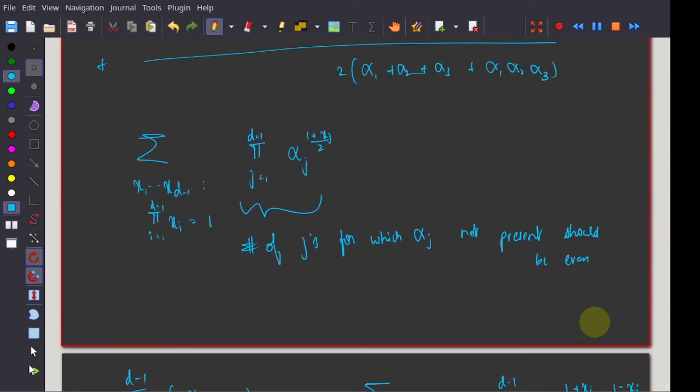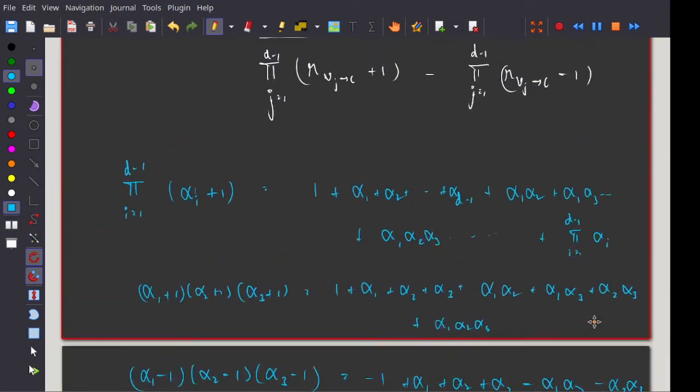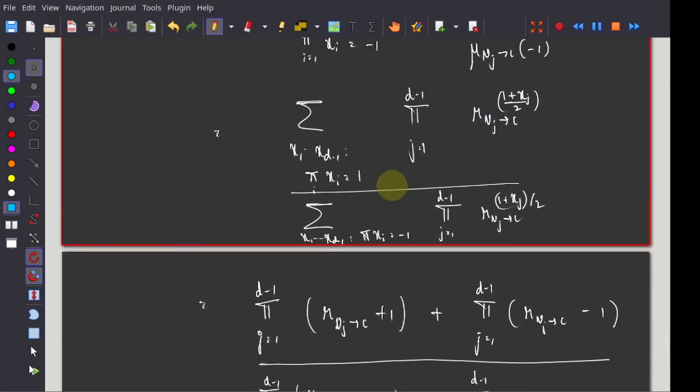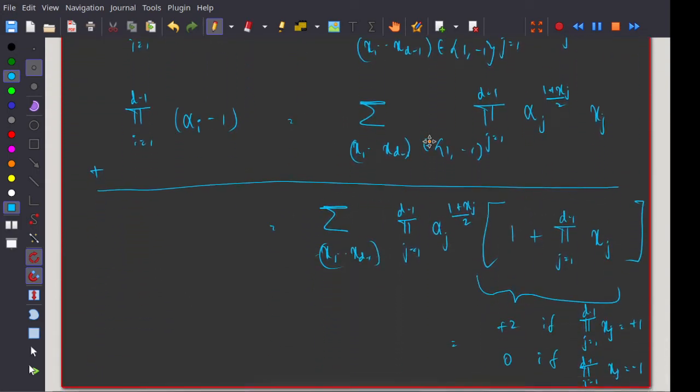Which is exactly what we wanted in the numerator. Remember, we were summing over all xj's for which the product is equal to +1 of this quantity, which is exactly what we have, except we have a scaling multiplicative factor of +2.